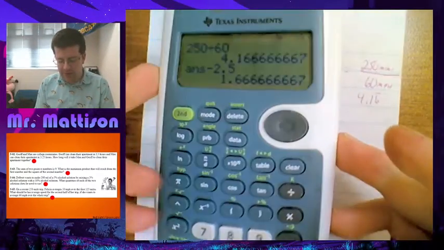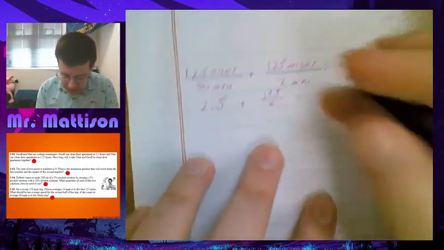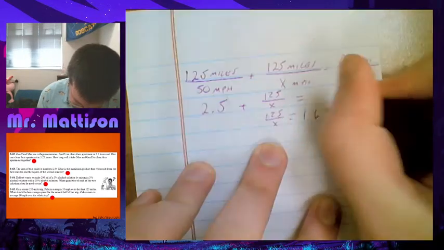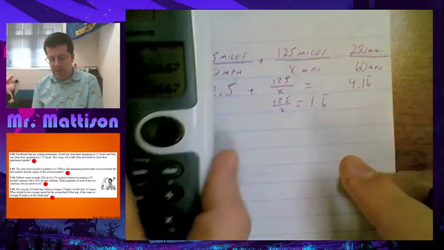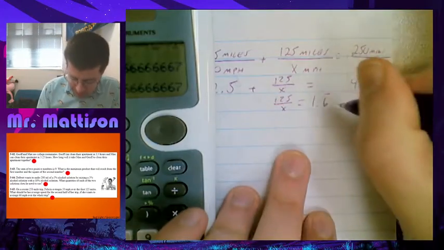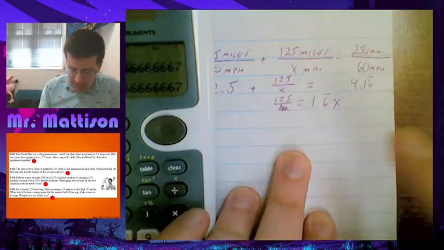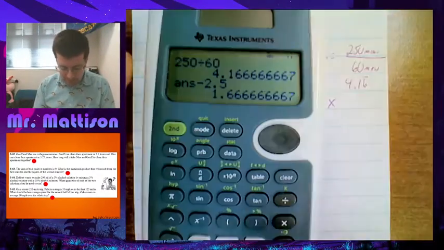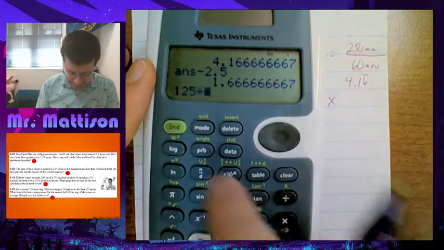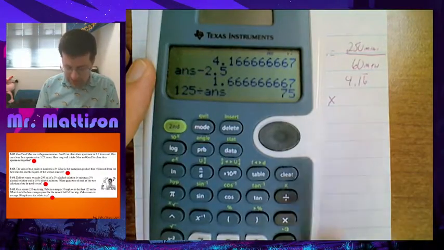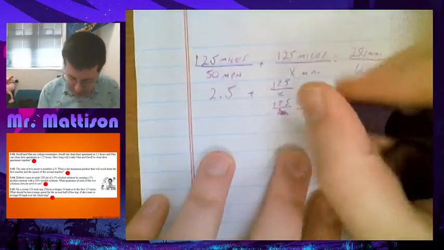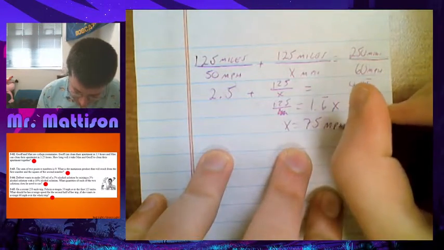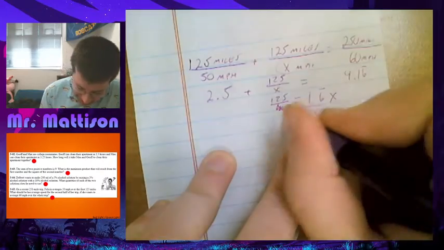I get 1.6 repeating. So 125 over x equals that 1.6 repeating. So I then want to take this and multiply the x over. So then it's 125 divided by 1.6 repeating. And I get 75. And it's miles per hour as the unit, as I found there.